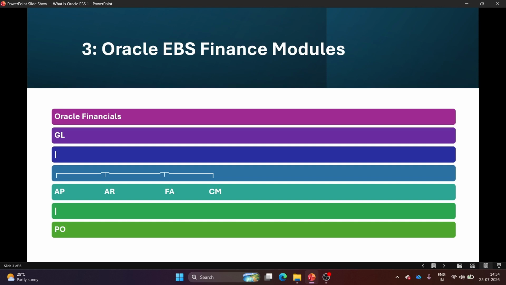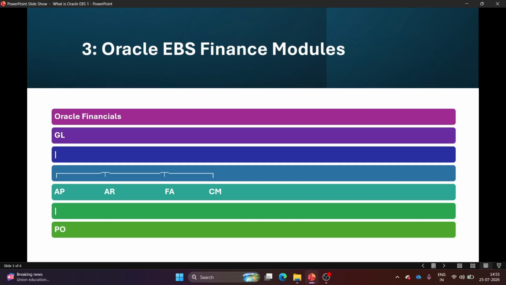Then move to AP. AP stands for Accounts Payable. Accounts Payable manages supplier invoices and payments. Then move on to AR. AR stands for Accounts Receivable. Accounts Receivable manages customer invoices and receipts. Then move on to FA. FA stands for Fixed Assets. Fixed Assets is mainly used for company assets, depreciation, transfer, and retirement.